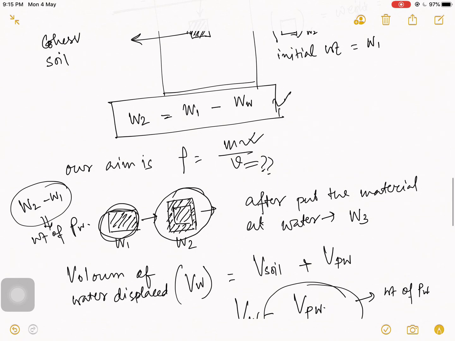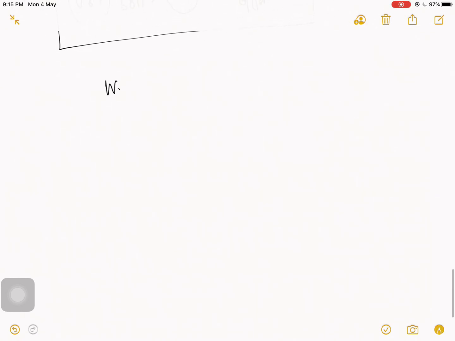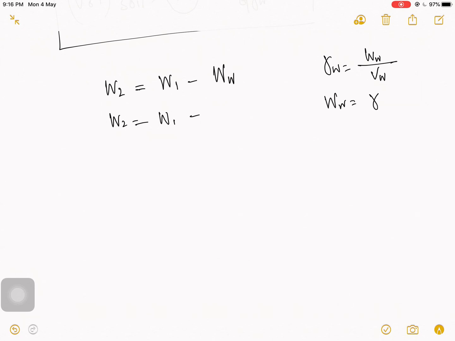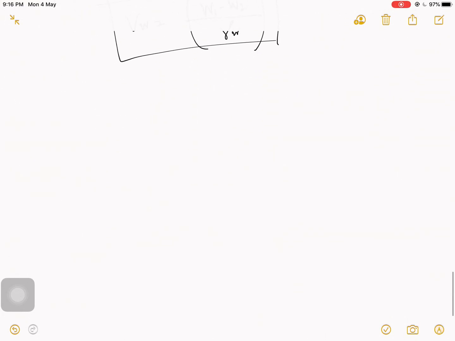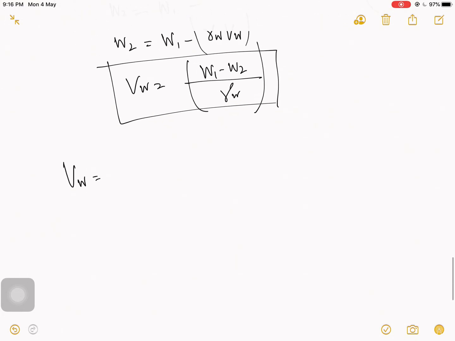We have the concept W2 equal to W1 minus W water. W water we can write as gamma W equal to W by VW, so W equals gamma W into VW. Then W2 equals W1 minus gamma W VW. Then VW equals (W1 minus W2) by gamma W. So VW has come.